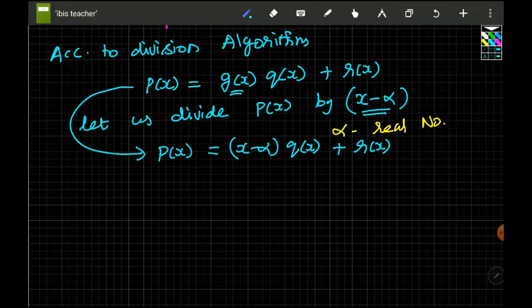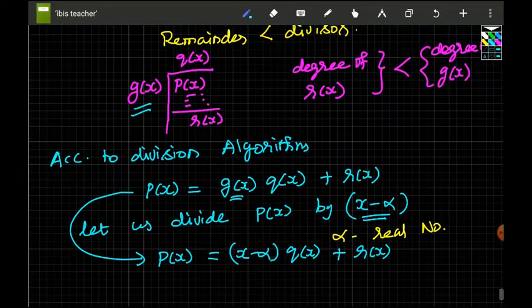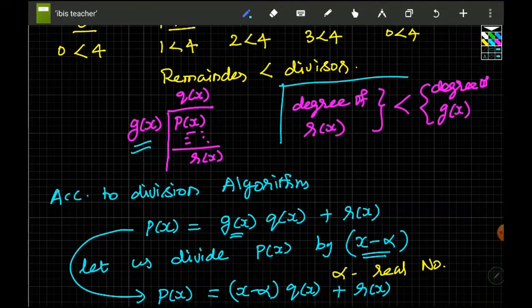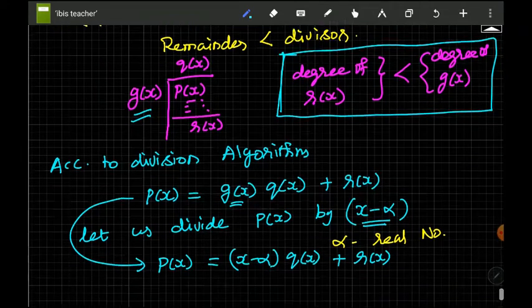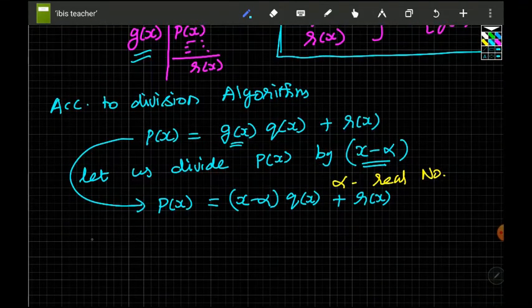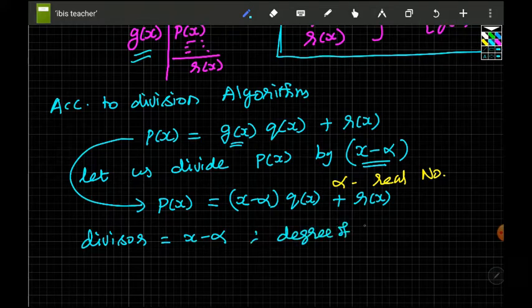What is x minus alpha? We have just proved that the degree of the remainder is always less than the degree of the divisor. Here the divisor is x minus alpha. Here the degree of the divisor is the highest power.